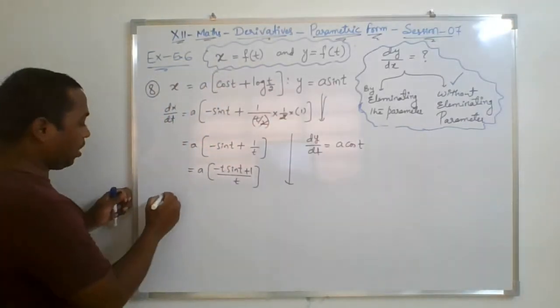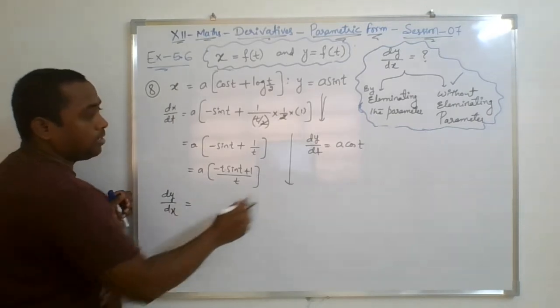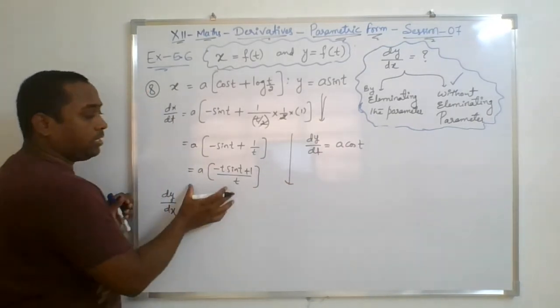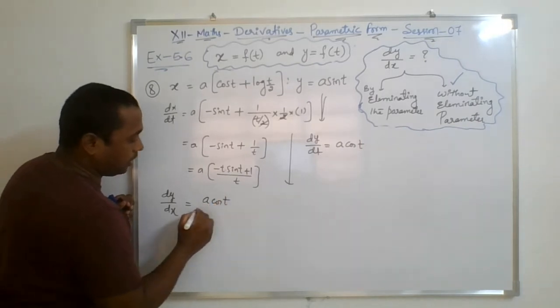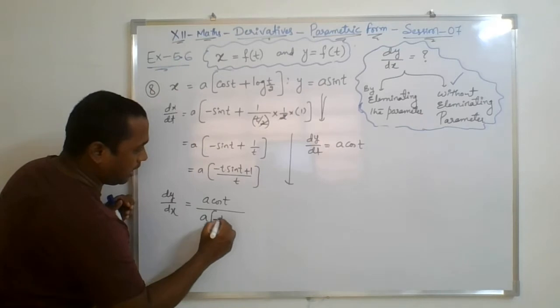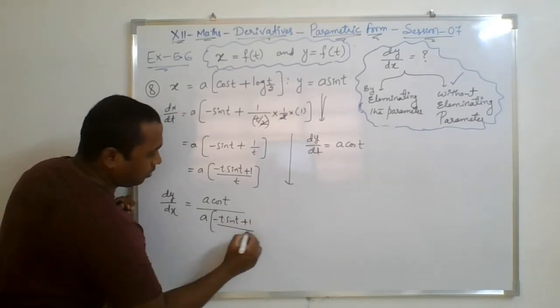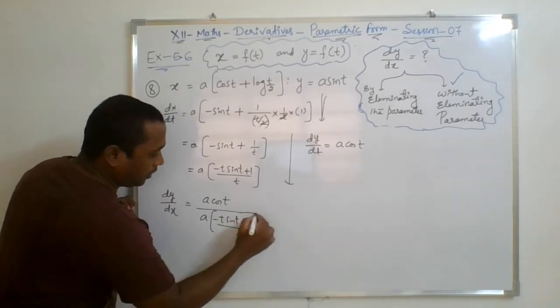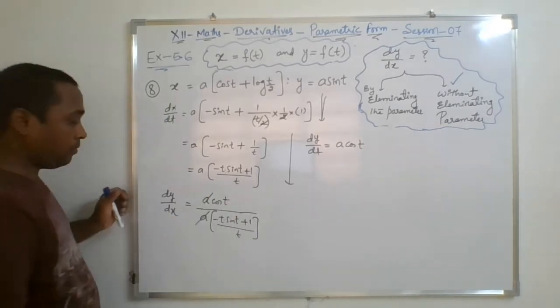Now you know how to get dy by dx: it is dy by dt divided by dx by dt. Hence a cos t is divided by a times minus t sin t plus 1 by t. And a gets cancelled, t goes to the numerator.